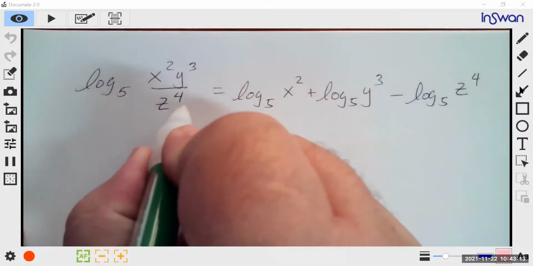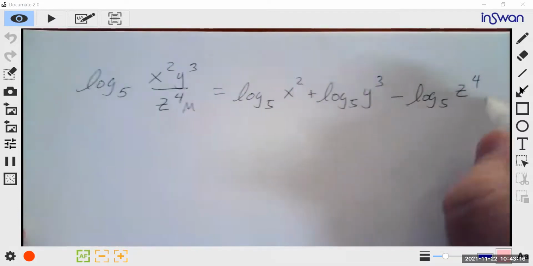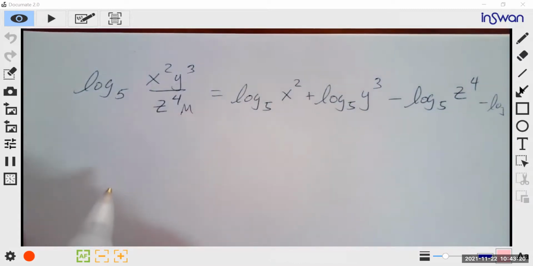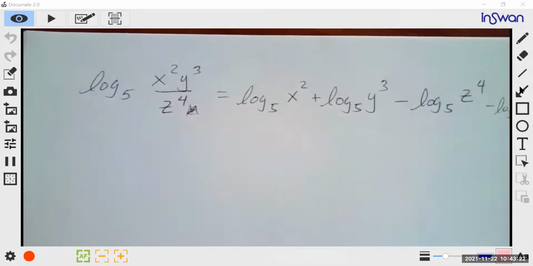Yeah, and if we had m down here, it'd be a minus log m because it's on the bottom. So there you go. That's expanding.